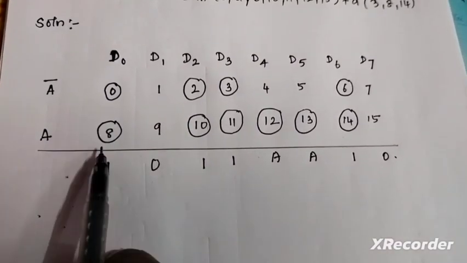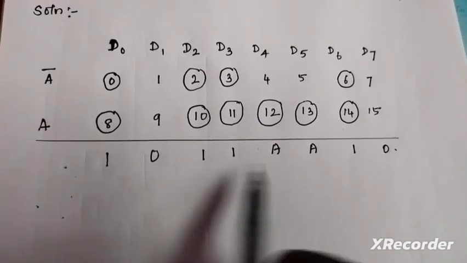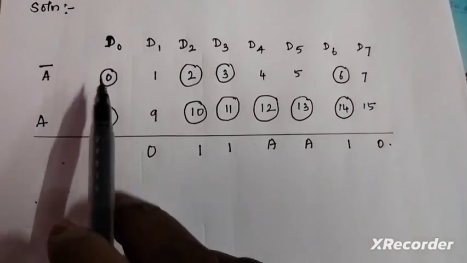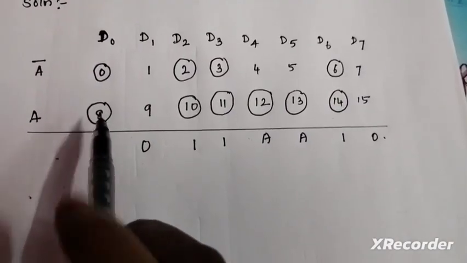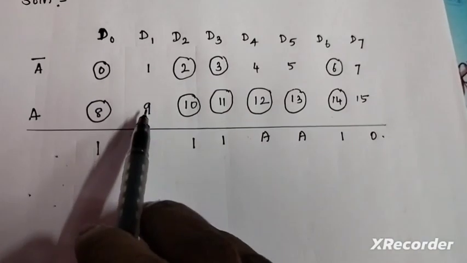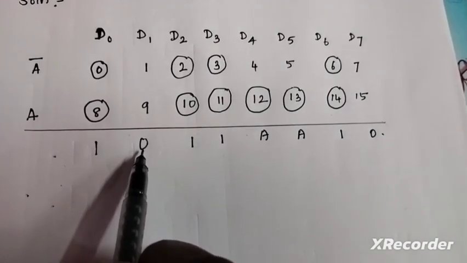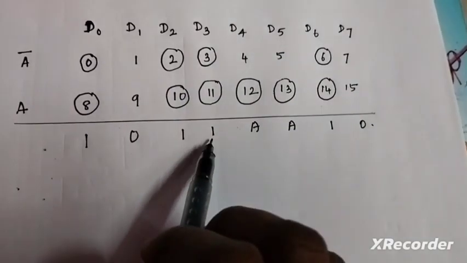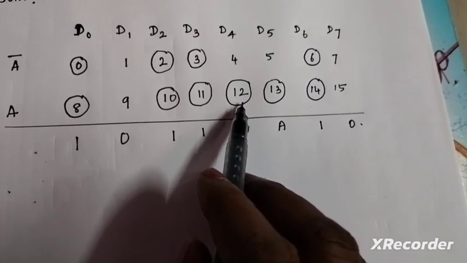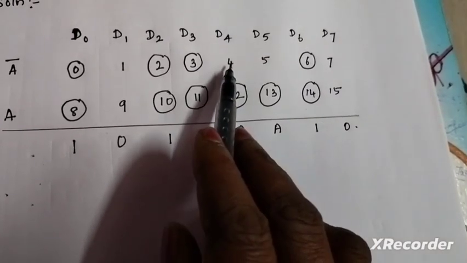Next, after circling, you are going to write the answer. How are we going to write the answer? If both the min terms are circled, then that should be considered as 1. If both are not circled, that should be equivalent to 0. Just see the min term which is circled. 12 is circled and 4 is not circled.